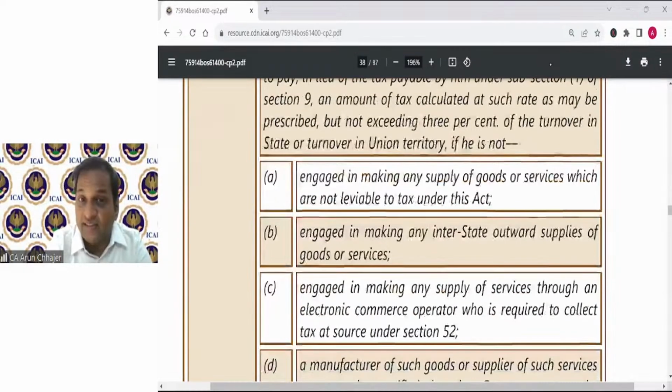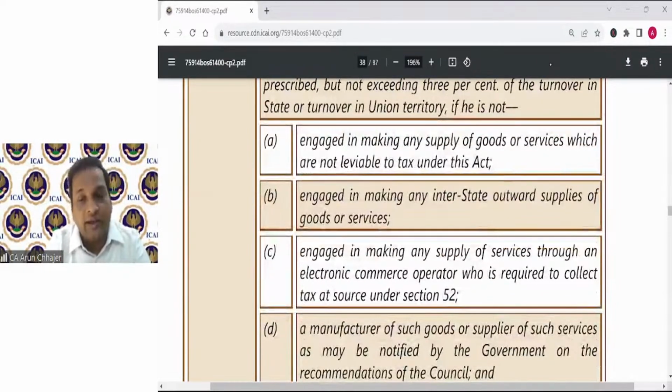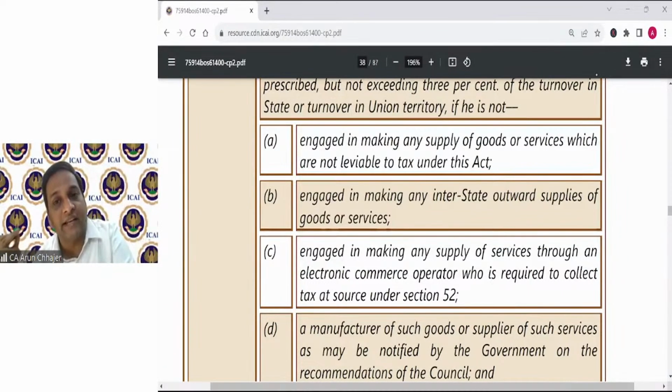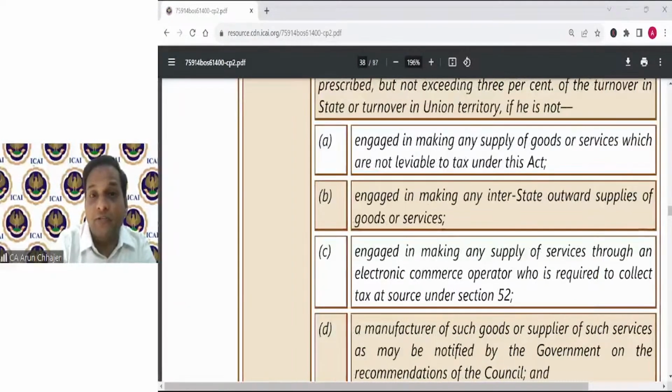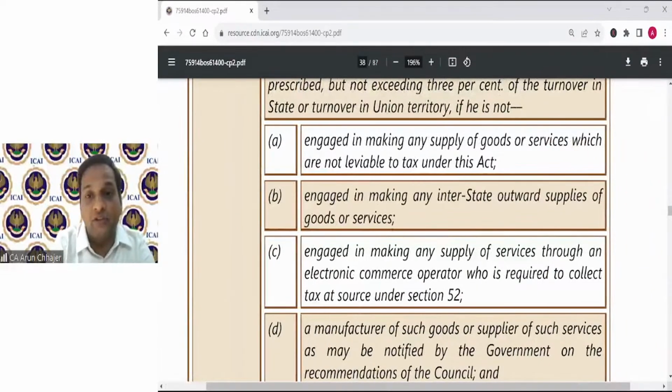Further, they are saying certain restrictions, and all the restrictions are the same as we discussed in 10.2. You cannot make any supply of goods or services which are not leviable to tax. It means you cannot make supply of non-taxable supplies. You cannot make interstate outward supply.